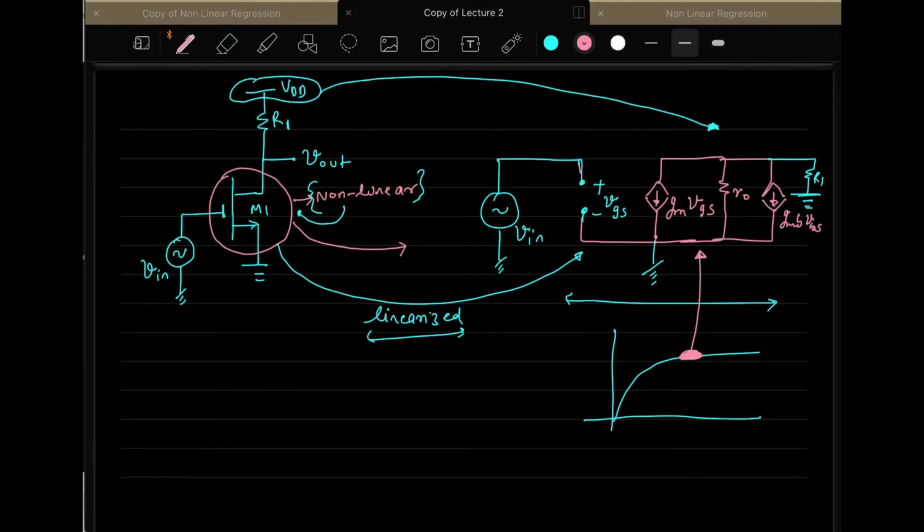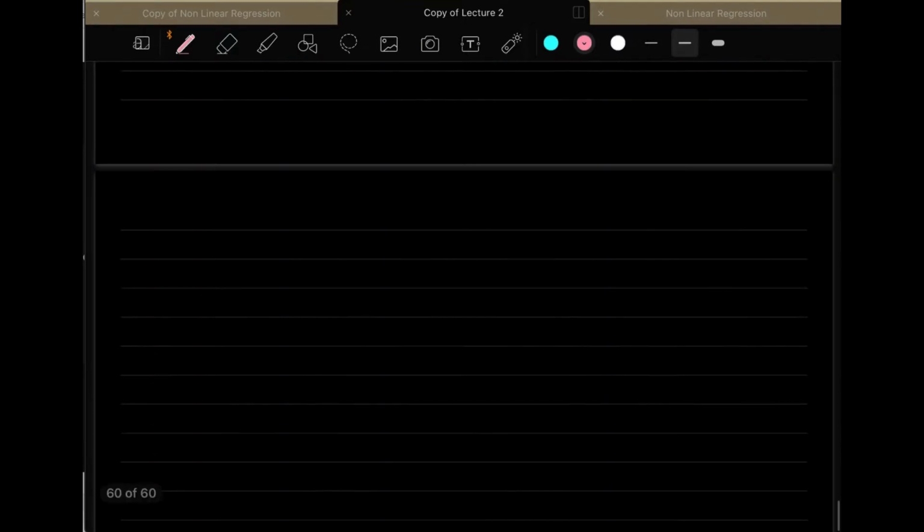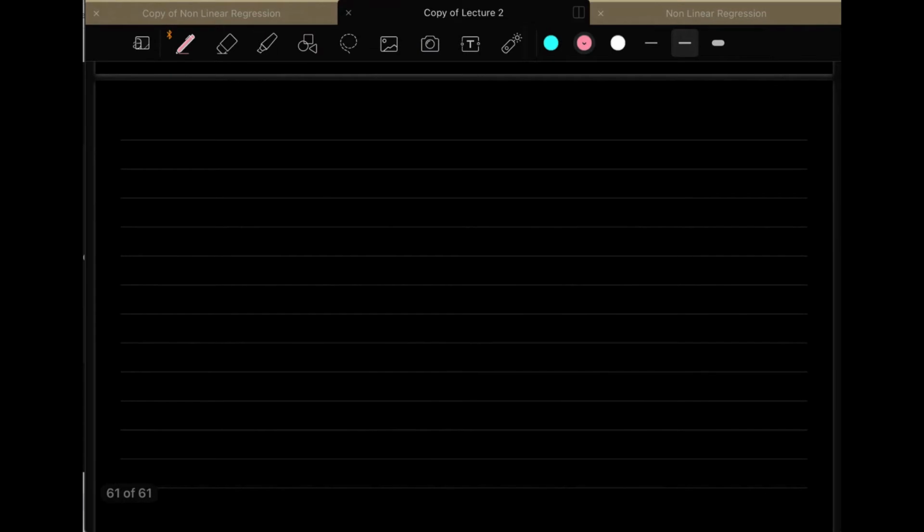So let us discuss one more thing today. If you have a circuit given by this, let us say we have a circuit here which is M1. What you want to do is bias this circuit properly first. And why do we want to bias this circuit properly?